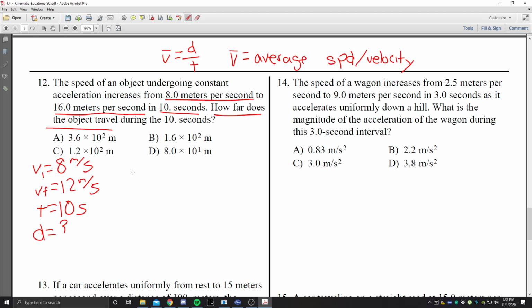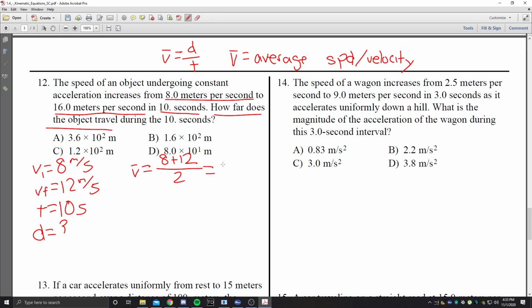To get the average of two numbers, you add them both and then you divide it by 2. You add up both of your speeds and then you divide it by 2.